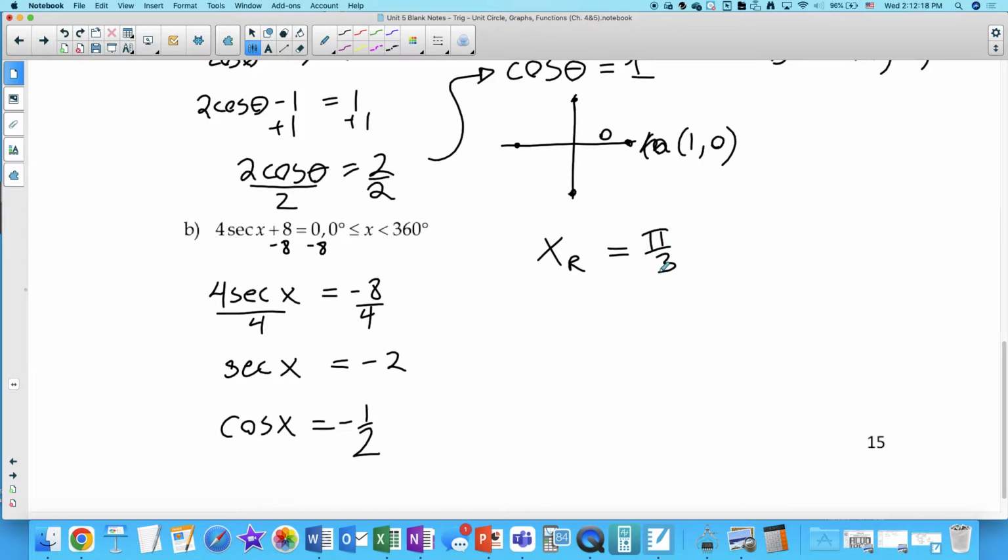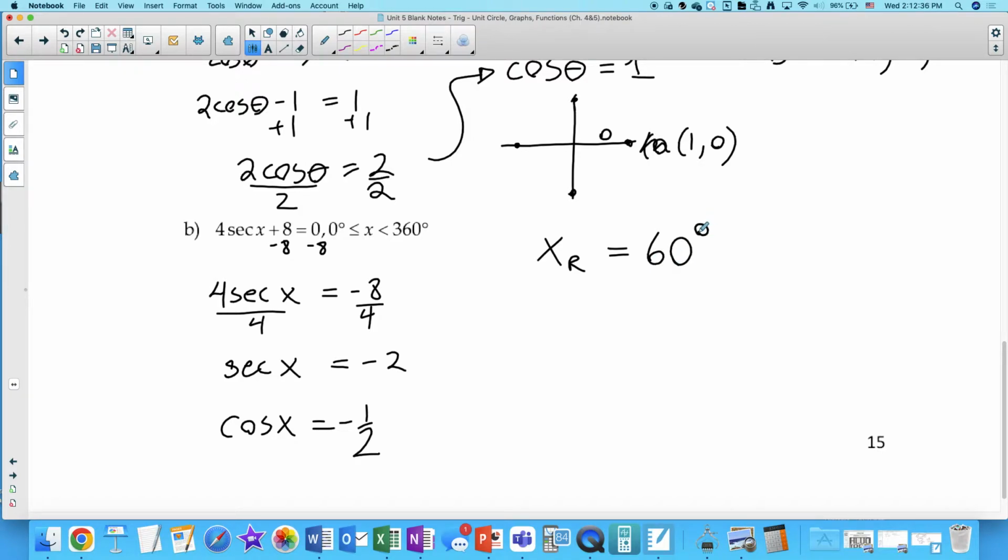Okay. Now remember, that's not our answer in this case. Oh, you know what? I apologize. This question, the domain is in degrees. Sorry. So we can just stick with the reference angle being 60 degrees. Okay.